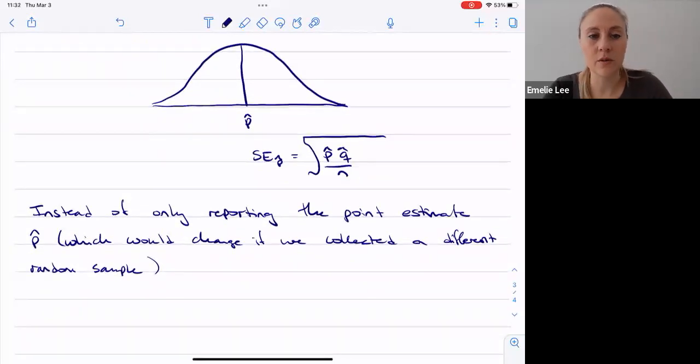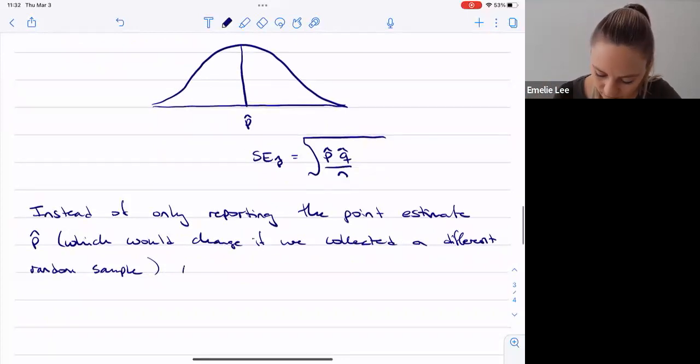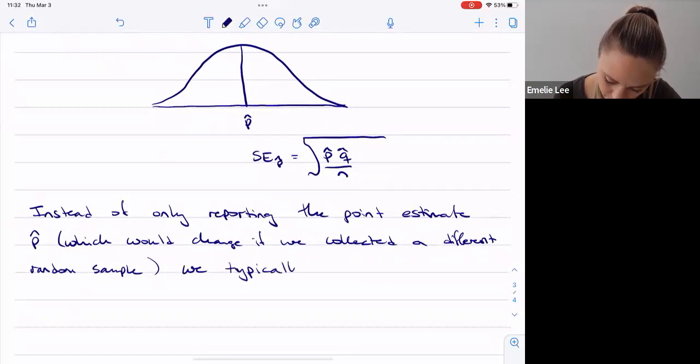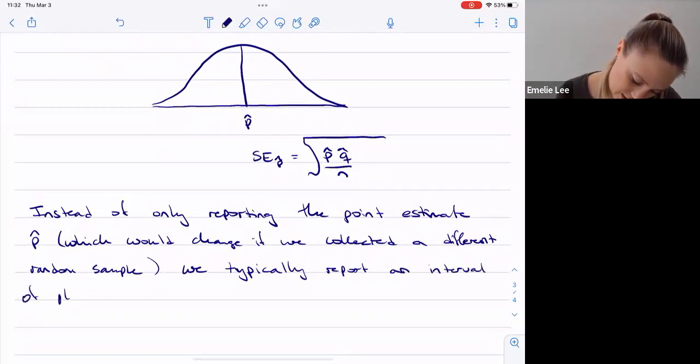So instead of only reporting the point estimate p hat, we typically report an interval of plausible values.